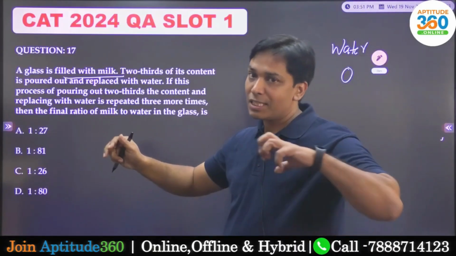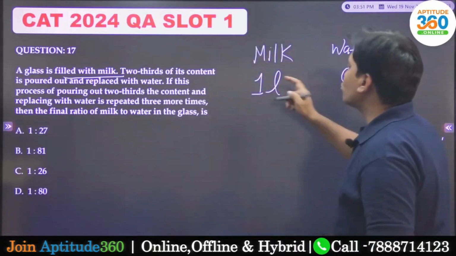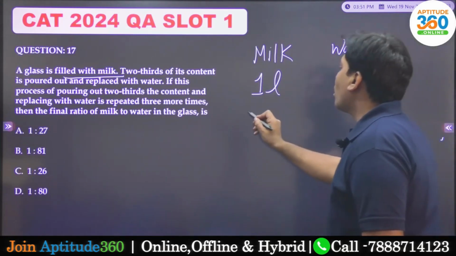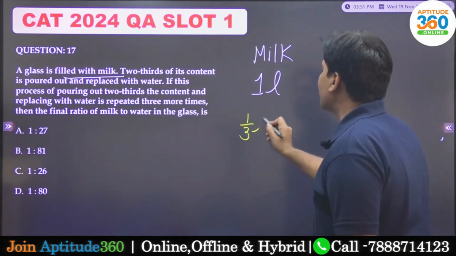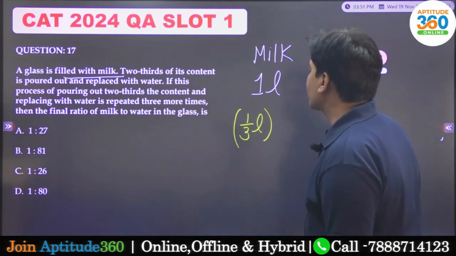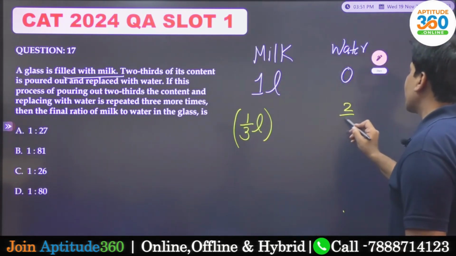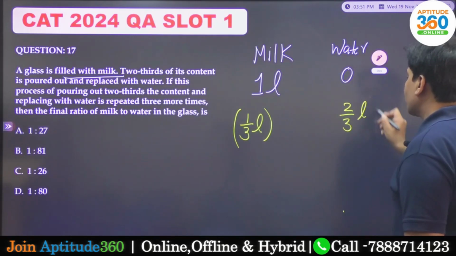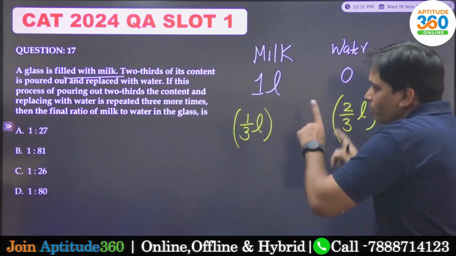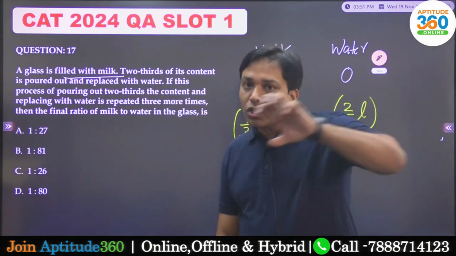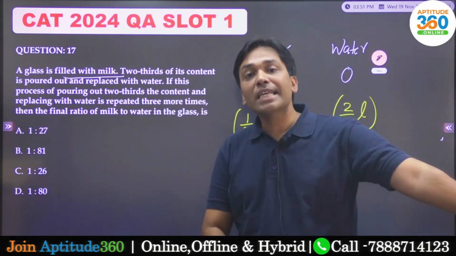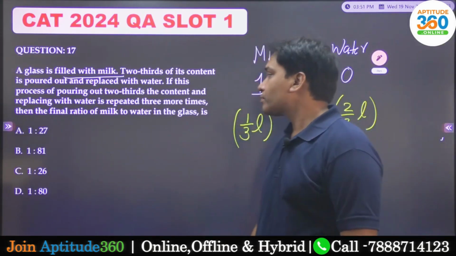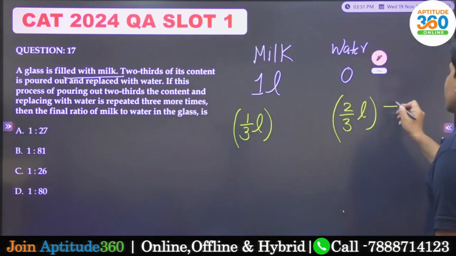So 2/3 has been taken out, and the milk left is 1/3, and 2/3 liter will be water. The volume still is 1 liter. So 2/3 of milk has been replaced by water. So the first replacement is done.